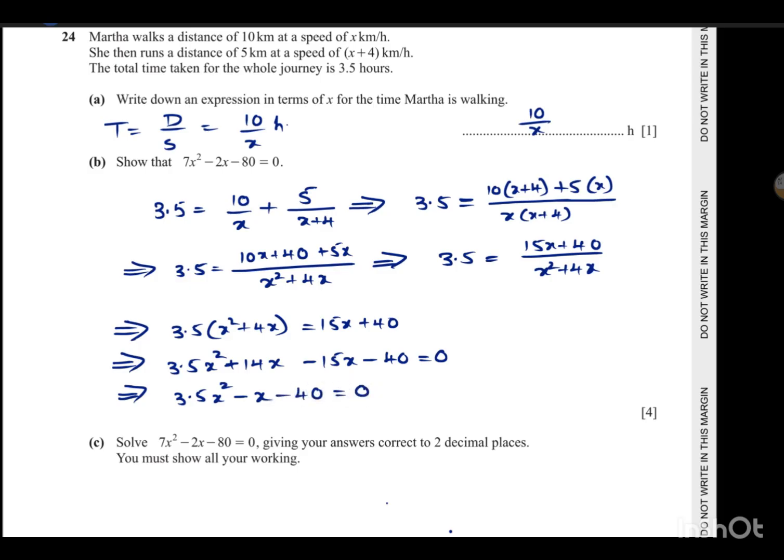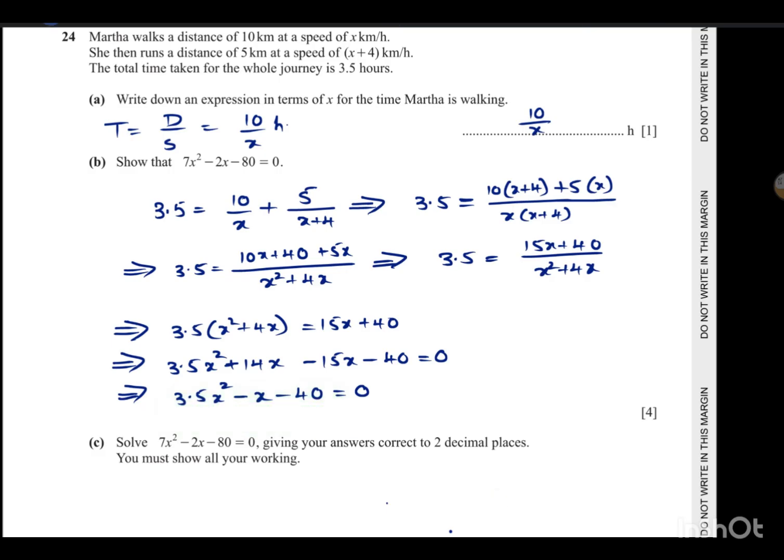Now we need to get the equation as this. So now you will see that when you multiply 3.5 with 2 you get 7, minus 1 with 2 minus 2, minus 40 with 2 you get 80.